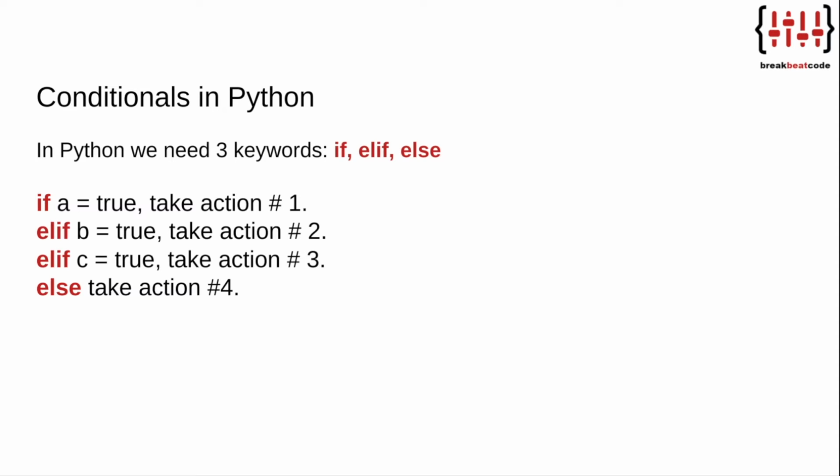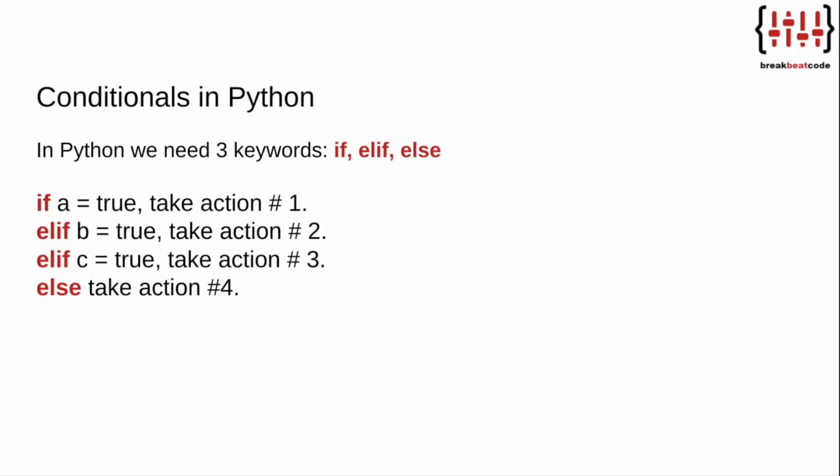Elif is short for else if. It means that we're checking another condition if the previous condition or the previous statement was false. Else simply means the action the program will take if none of the previous statements or conditions are true. Sort of like saying, if all else fails, do this.